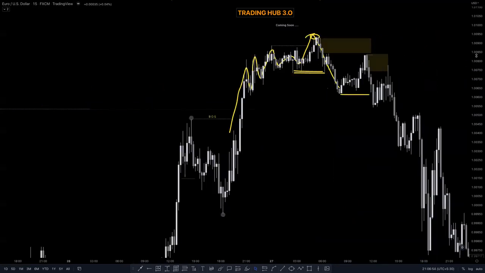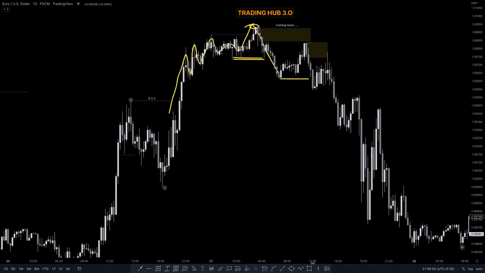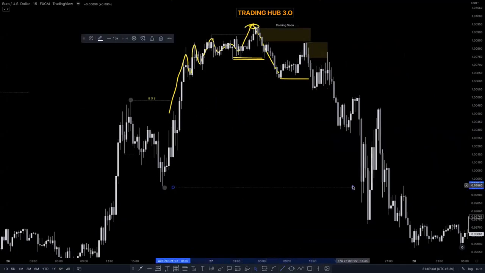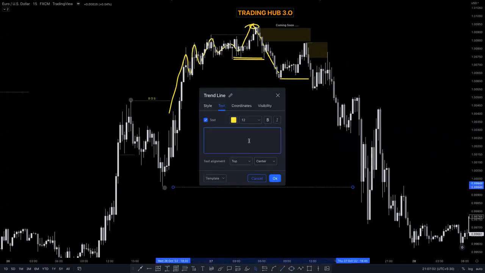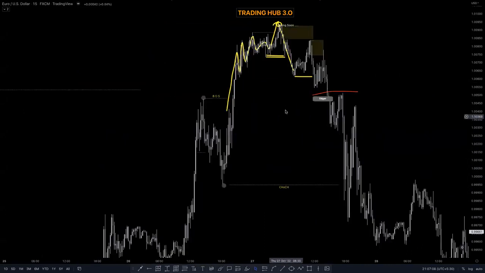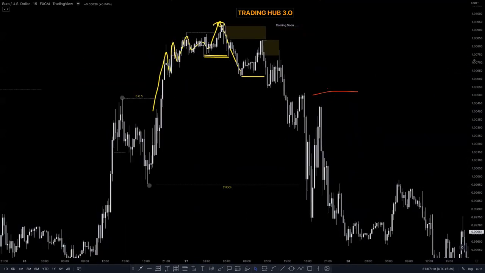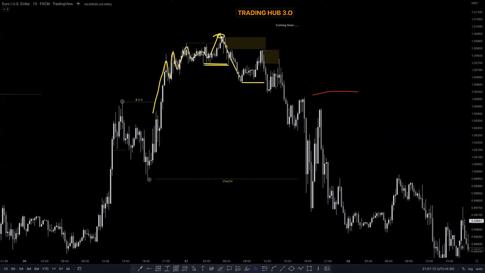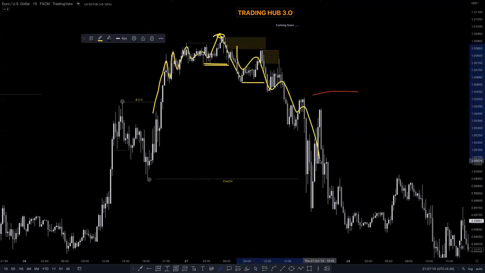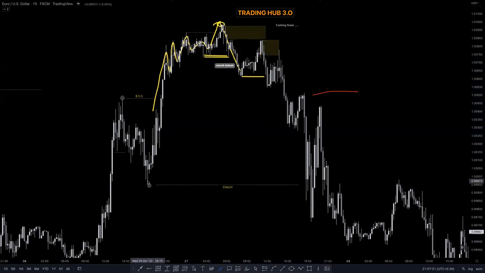So let's see what happened next here. This becomes our change of character. Okay, and these are all internal structure is here, right? These are all internal structure. We can definitely take entries for the sell or buy in this range, but these are all internal range.